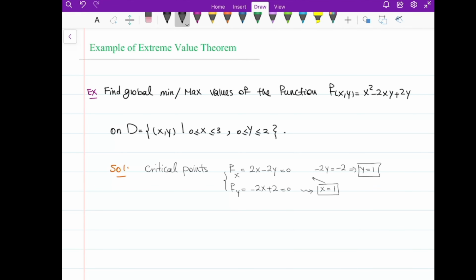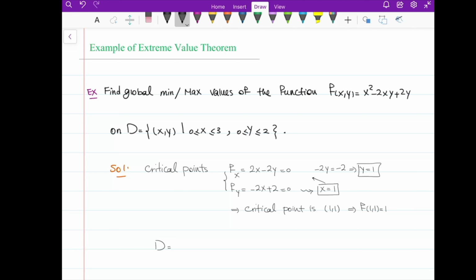So the only critical point is (1, 1), and the value of the function at the critical point is, just plug in (1, 1), I get just 1. Okay, so is this a saddle point, minimum, maximum, or what?